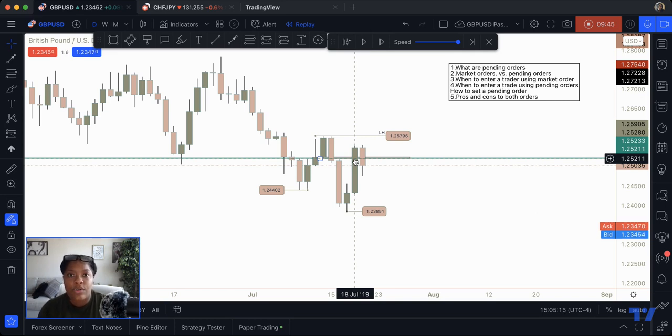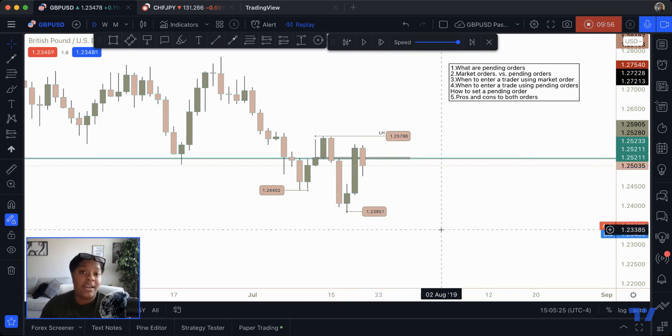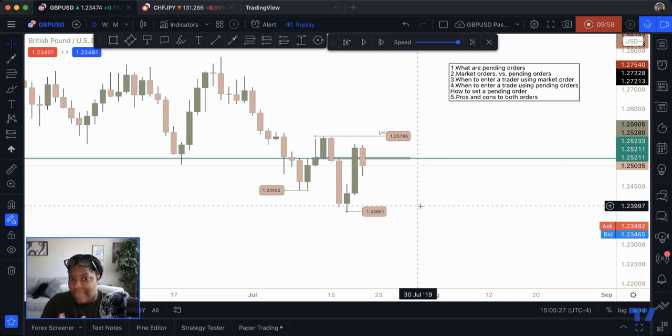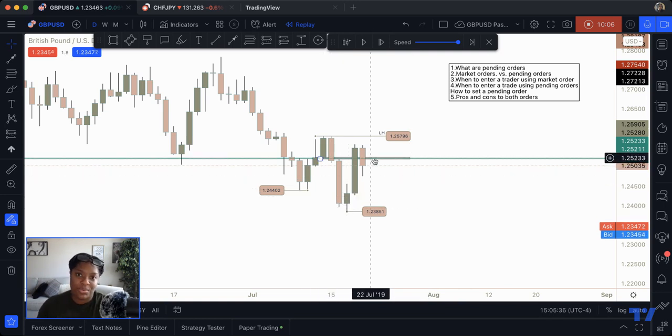Like we fought for price for us to be in this trade at 1.25211 versus maybe getting in a little bit lesser, and now we have a higher stop loss, or price could have just left without you. And that actually happens when you trade, and this is due to market conditions, right? This is a very narrow trend, which means price did not have much to pull back.